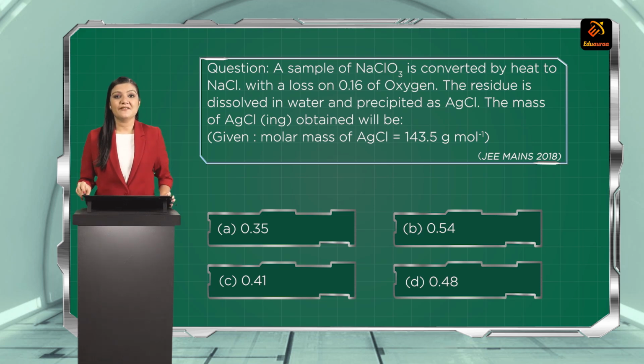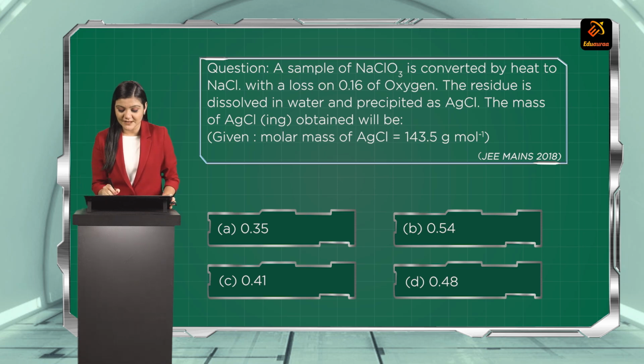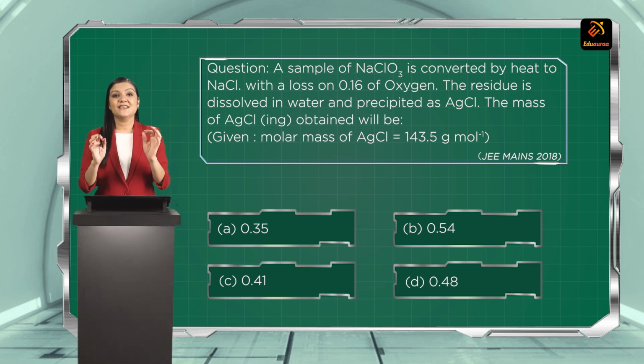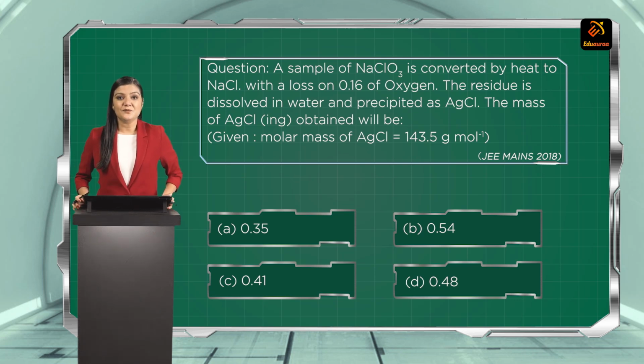Now over here we have to find out the mass of AgCl, and this AgCl is obtained when NaClO3 is converted into NaCl by releasing oxygen and the given component is dissolved in the water.